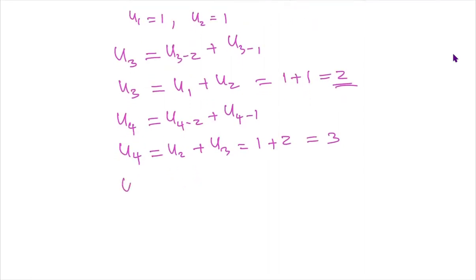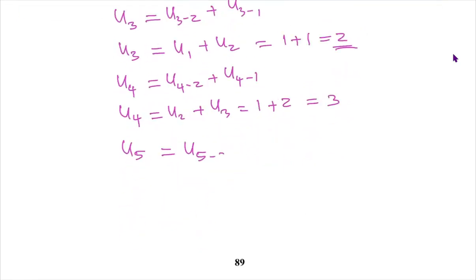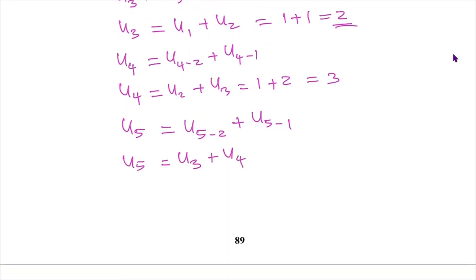Let's find u5. u5 equals, by definition of un, u5 minus 2 plus u5 minus 1. So u5 equals u3 plus u4. u3 is 2, plus u4, that is 3.